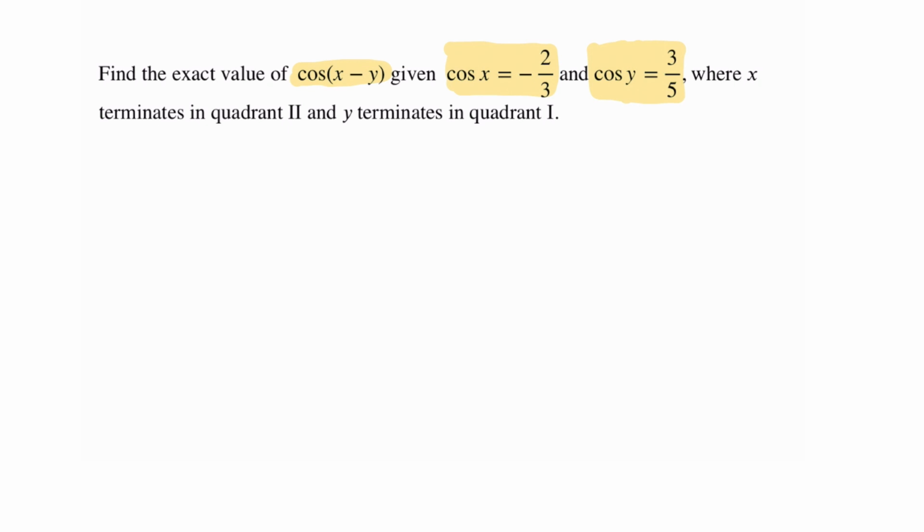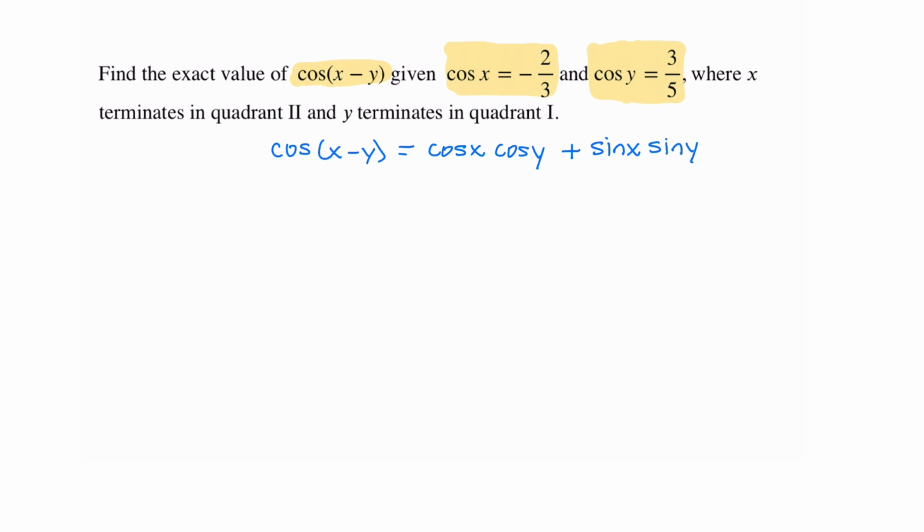So the first thing we need to do is expand the expression for cosine of x minus y so we know which trig functions of x and y we need the values of. Remember, by identity, cosine of x minus y is equal to cosine x times cosine y plus sine of x times sine of y.